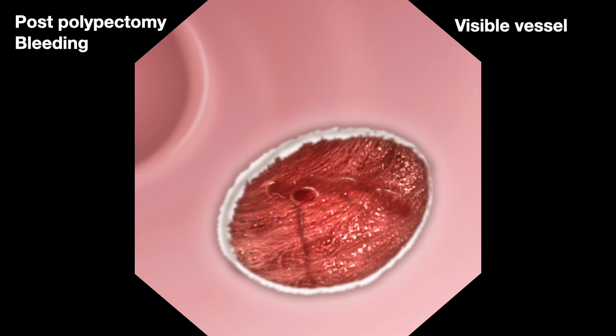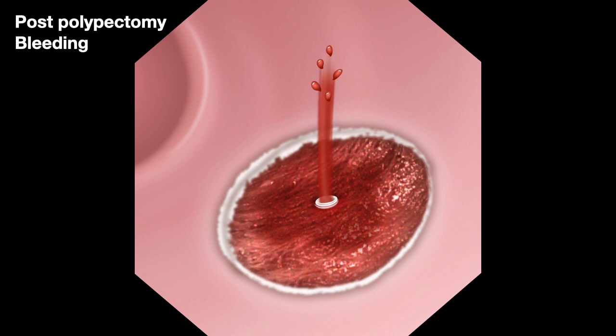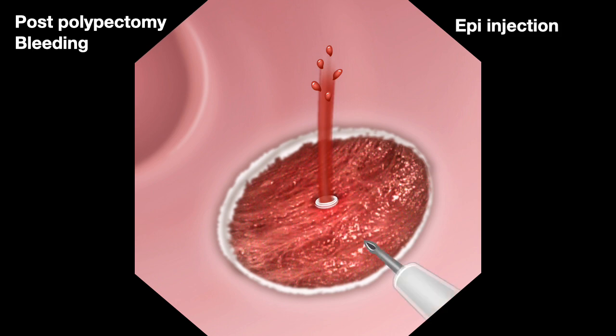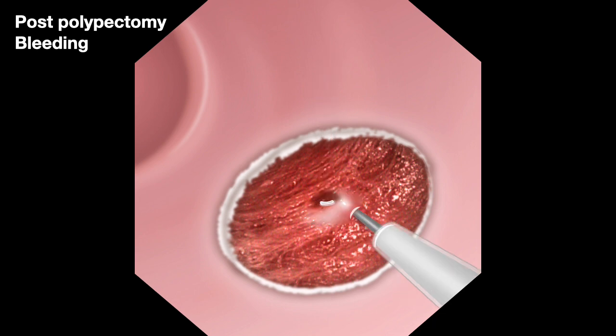And let us look at various options for management of post-polypectomy bleeding. The simplest option is dilute epinephrine injection, maybe 1 in 20,000, 1 to 2 ml, close to the vessel and in the surrounding area. 1 to 2 ml aliquots should be able to control the bleeding.